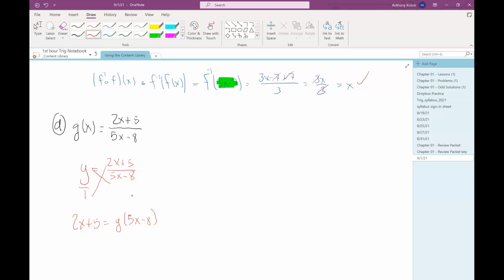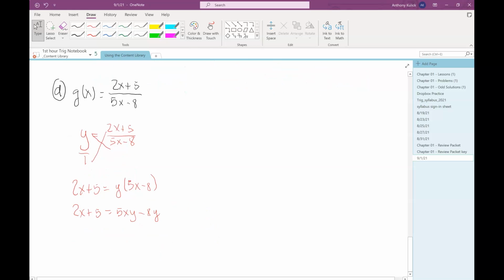So this is nice because there's no more fraction, because, well, who wants to deal with that? What I'm going to do next is distribute this y through, because I'm eventually going to want to get the x's all on one side and the non-x's on another.